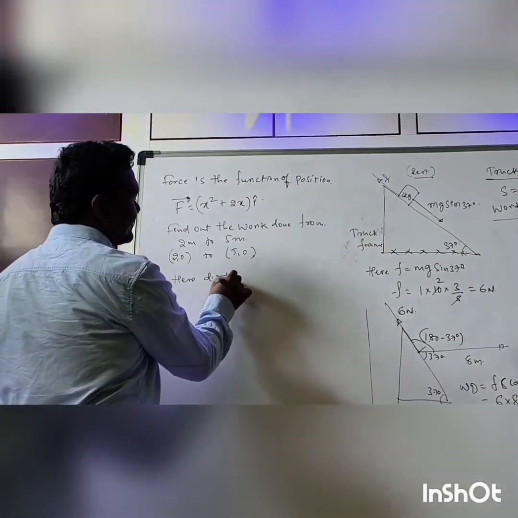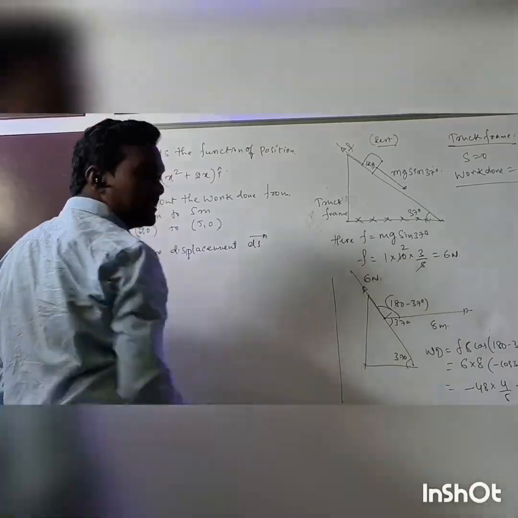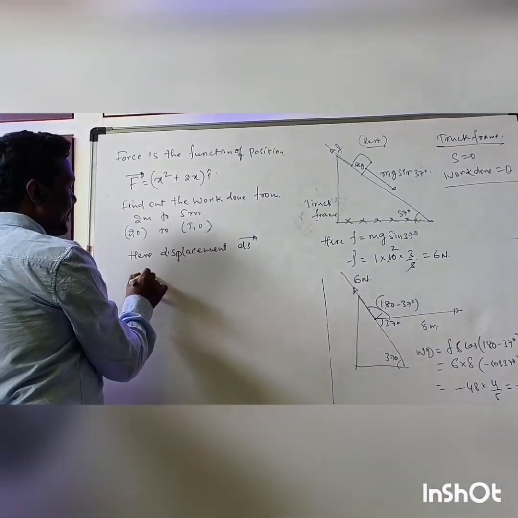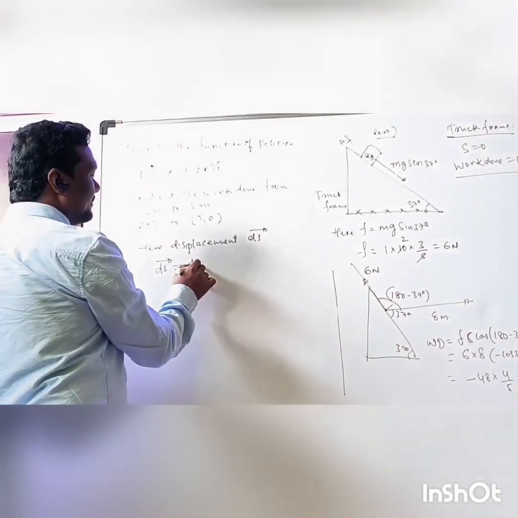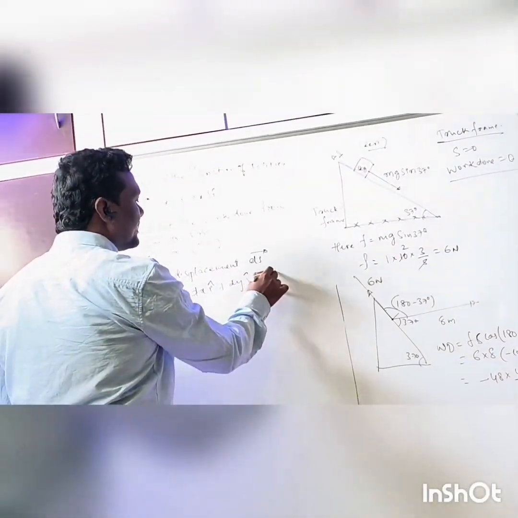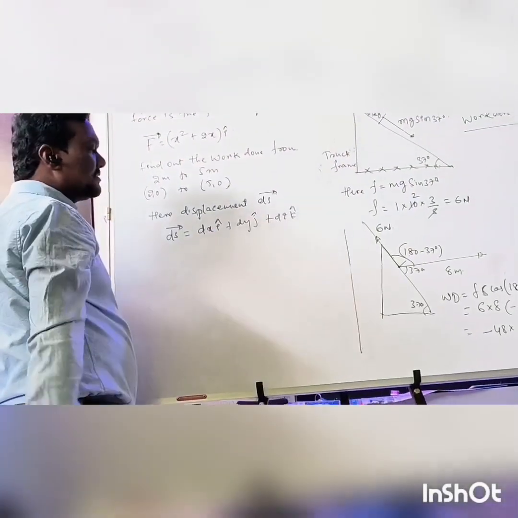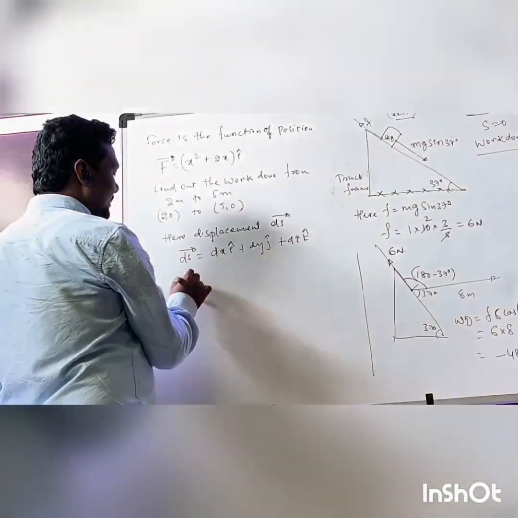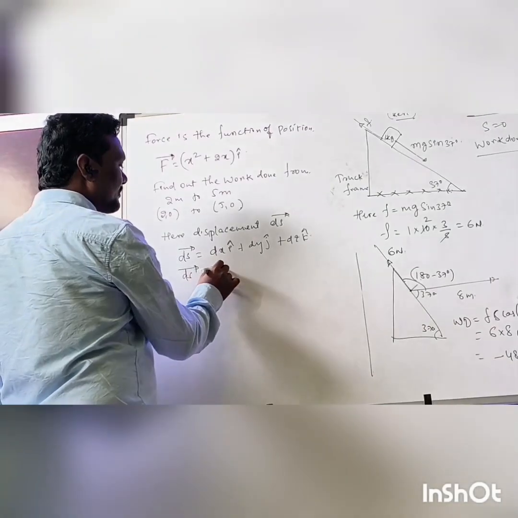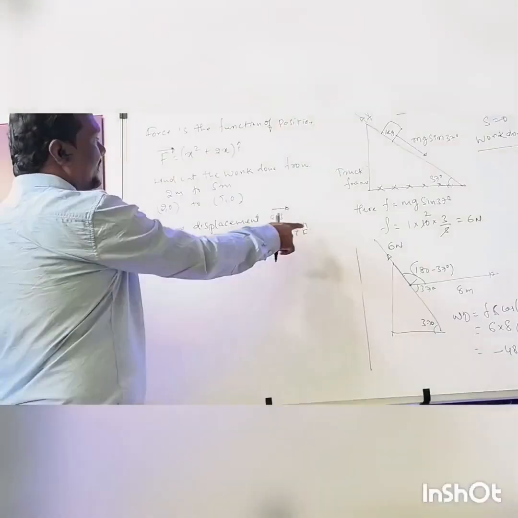Displacement is ds bar, which can be written in terms of i cap and j cap: dx i cap plus dy j cap plus dz k cap. Here there is only i cap, which means the force is varying only in the x direction, and there is no need for j cap and k cap.